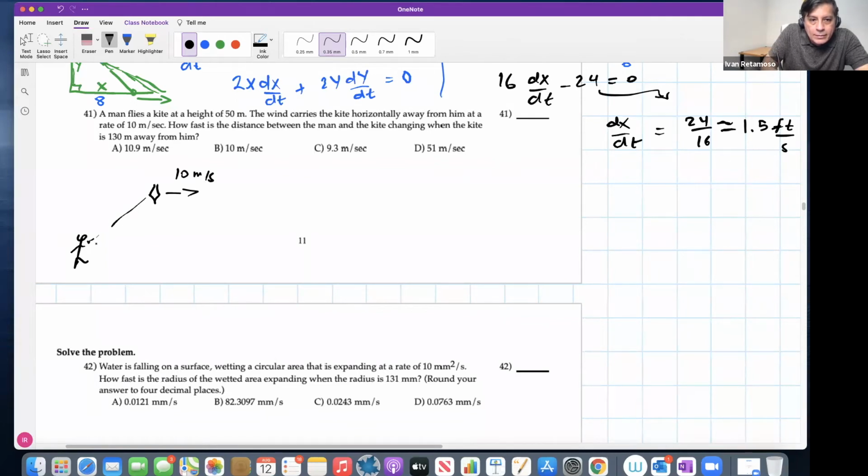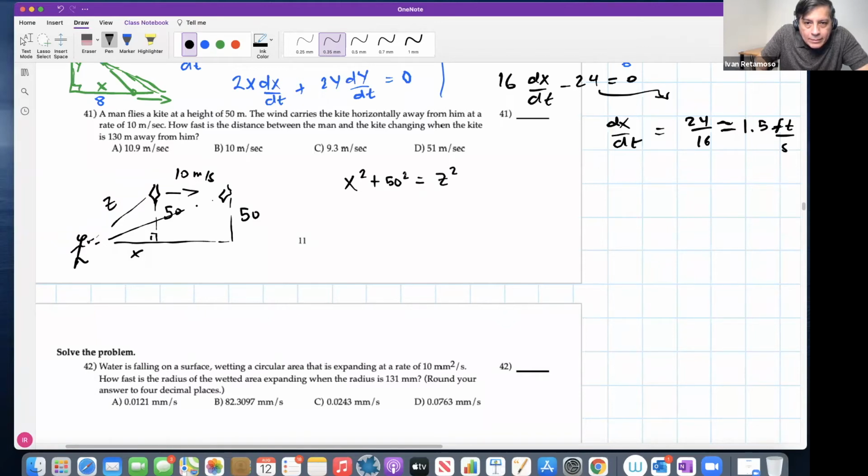At another moment, the kite might be here. But what is constant is the height of the kite. They say the height of the kite is 50 all the time. If you measure this distance with x and this distance with z, at any moment what is true is this: x squared plus 50 squared equals z squared.